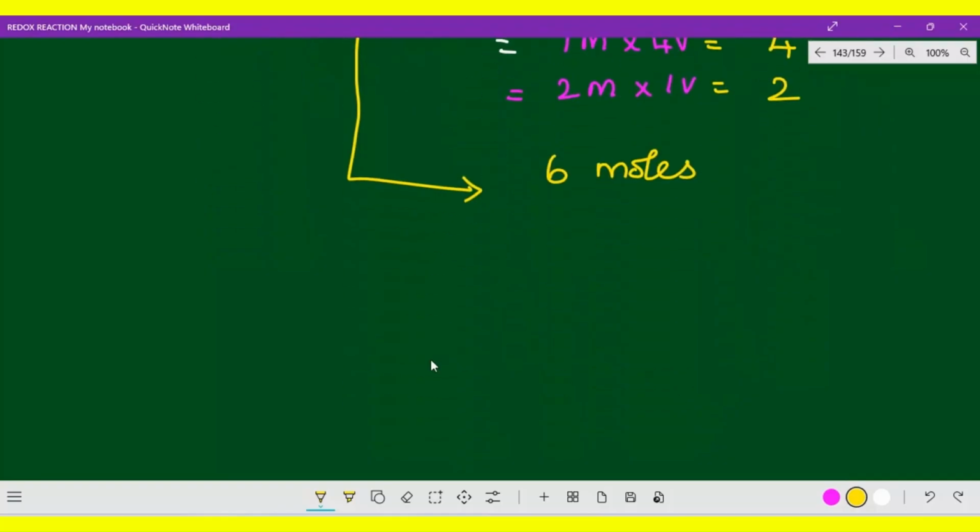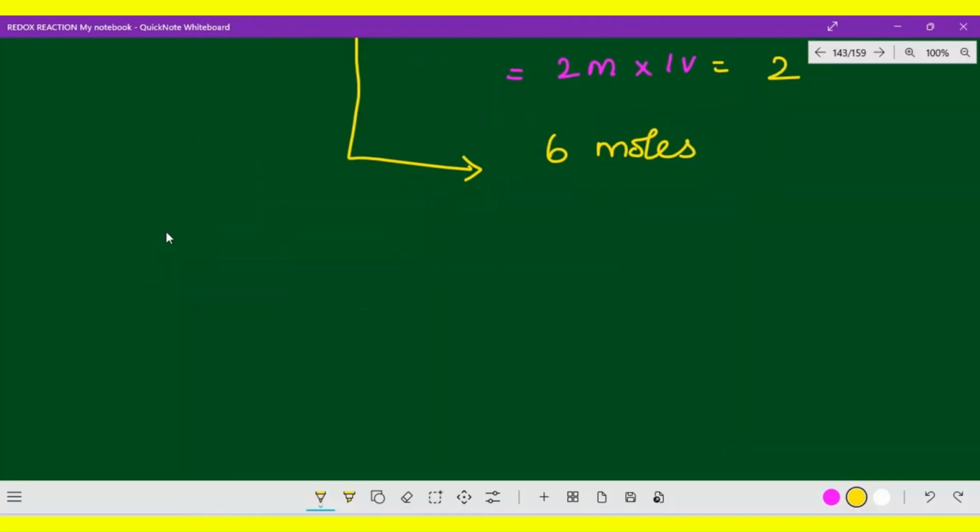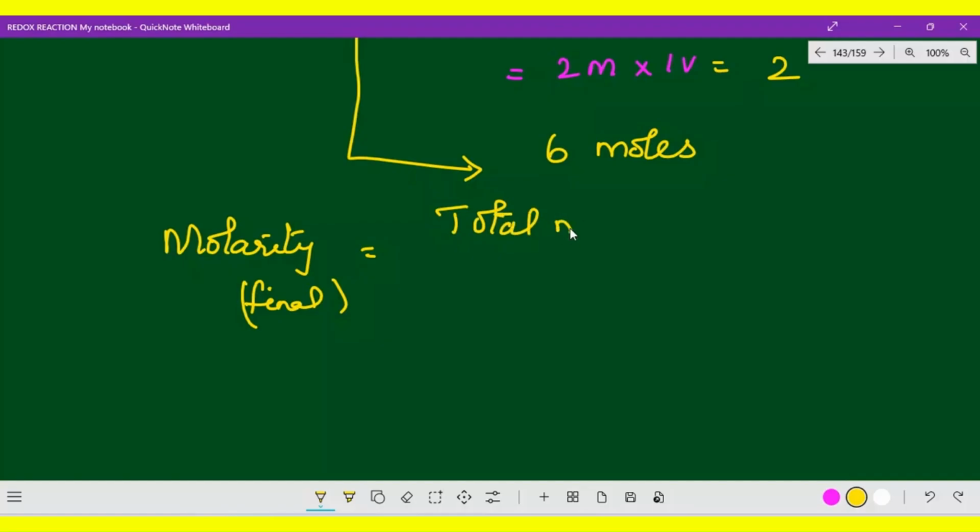Now, finally, we are coming to the main answer. Molarity we have to identify. Molarity of final, right? Final, because 1M, 2M are already mentioned. So this is the final. So, what formula can we bring here? Total moles divided by total volume. Right, total moles, how much?